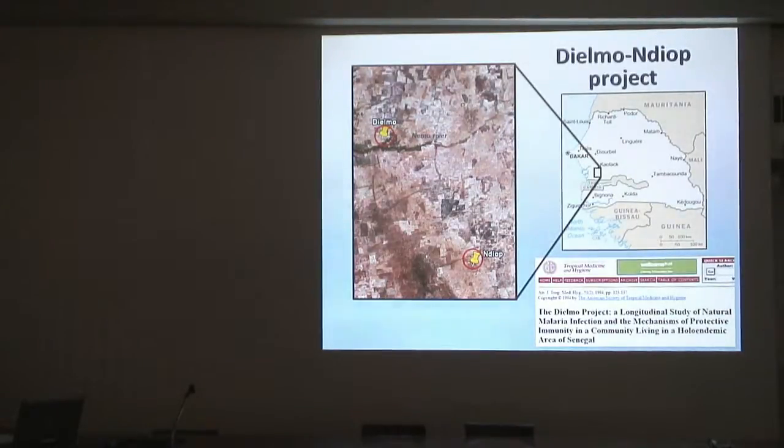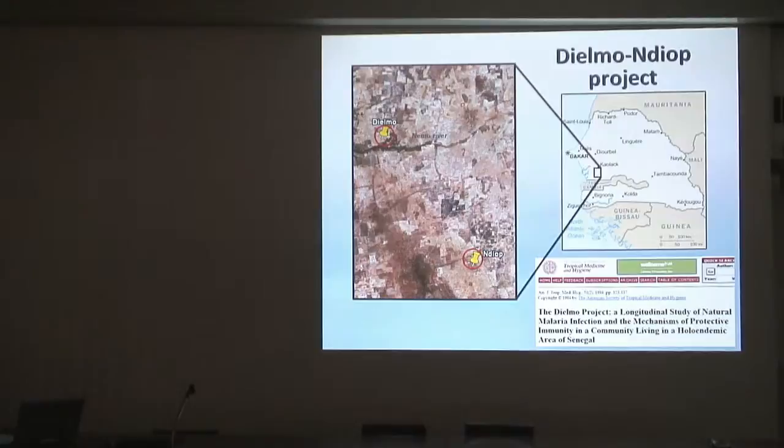The surveillance system reveals some differences in the prevalence of diseases in Dielmo and Diop. For example, malaria is stable all around the year in Dielmo, but in Diop it depends on rainfall season.